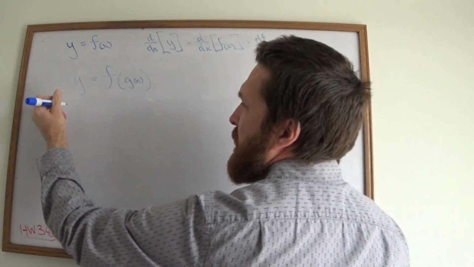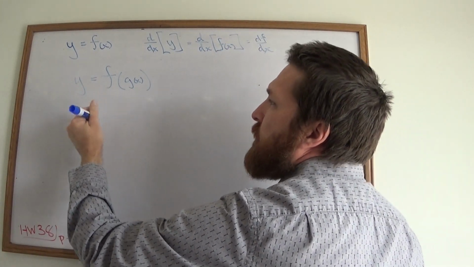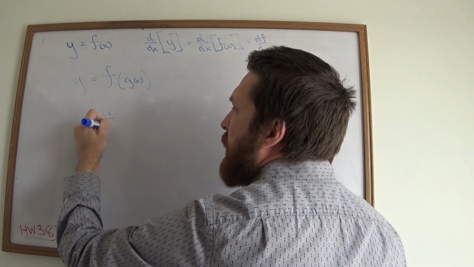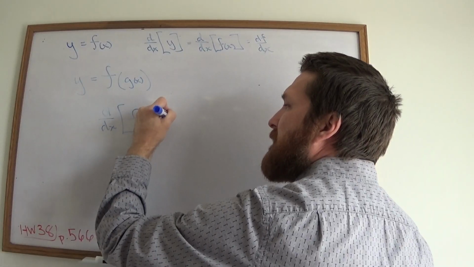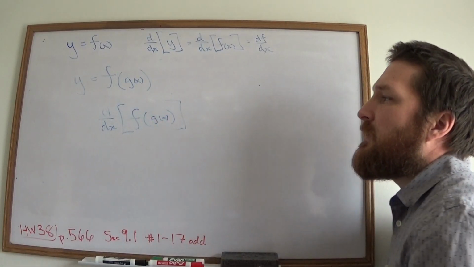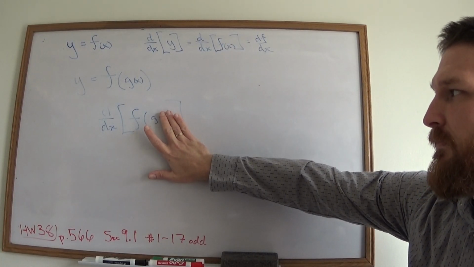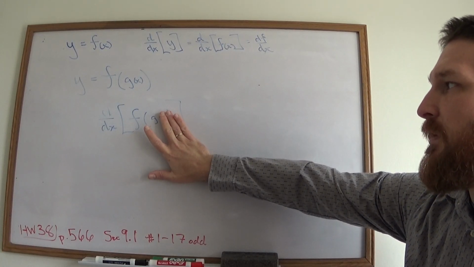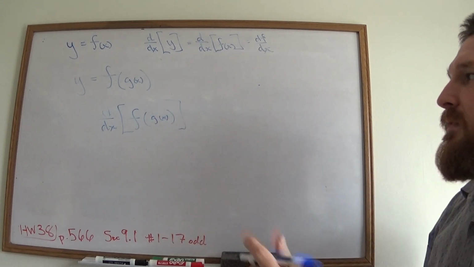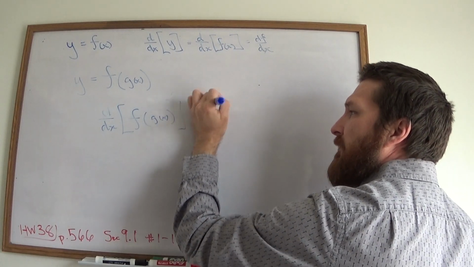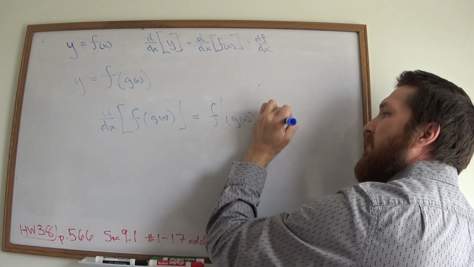So the chain rule says, okay, right now, when we take the derivative with respect to x of a function inside of another function, we treat g as the variable itself. We take the derivative of f with respect to g, and then we multiply by the derivative of g. The way that looks is f prime of g of x times g prime of x.